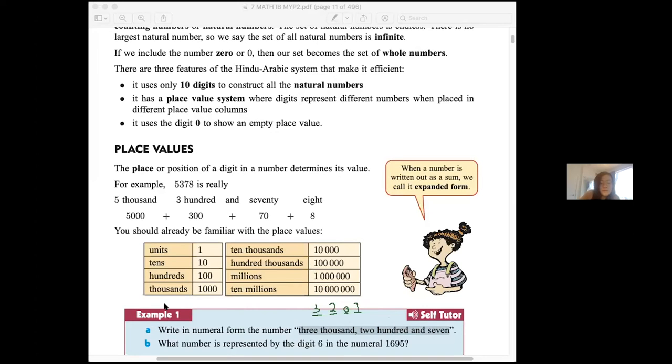Example 1B, I'll get one student to answer the question. If I click ask to unmute, are you going to see it, so you know I'm asking you to solve the question? Yeah, I think that's how that works.